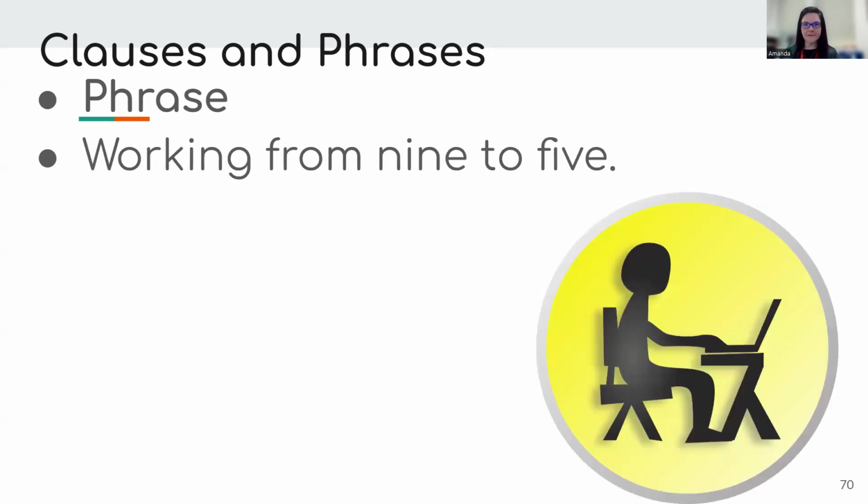Working from 9 to 5. So where are our nouns? 9 and 5, those are nouns. What's our verb? Working. So 9 to 5, are they working? No, they are not working. Okay, so this is a phrase.